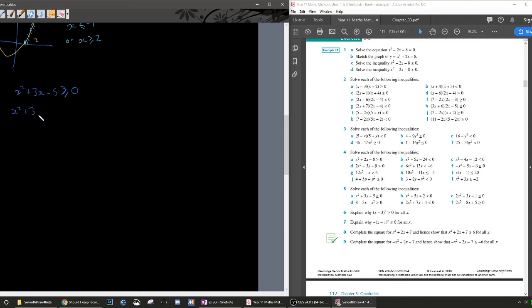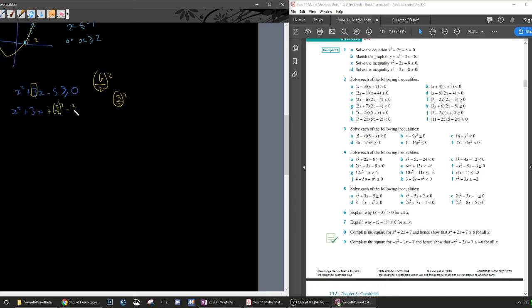So, and that's a 3, so half 3 is 1.5, or 3 on 2. So remember, when we're completing the square, we take this number in here, our b number, and we halve it and square it and add it on, and then so it's going to be 3 on 2 squared. Might leave it in that form.